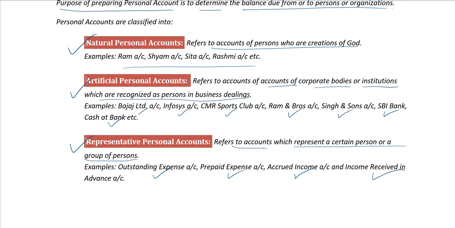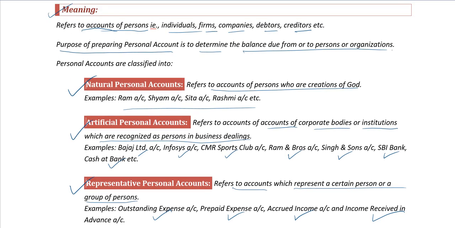The expense has been incurred but not yet paid. Prepaid expense, we are talking of the group of persons to whom the expense has been paid in advance. Accrued income, the group of persons from whom the business is to receive money, income which is earned but not received. And income received in advance, the group of persons from whom the income has been received in advance. So these are personal accounts.